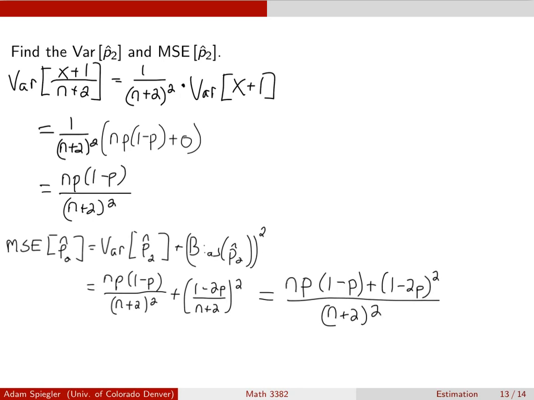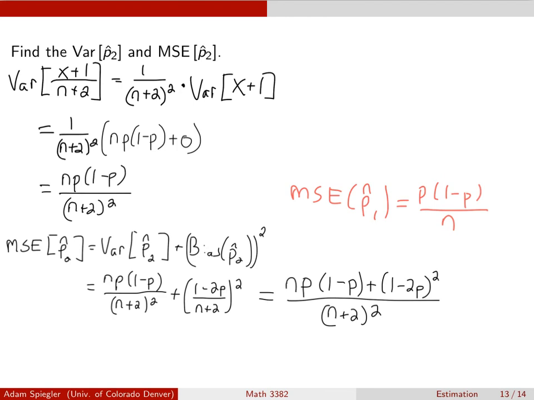And we want to compare that to the mean square error for the first estimator, which was the sample proportion p hat. So we called this p hat 1. So that's probably the more obvious estimate that you would use. And in that case, the bias of that estimator was 0. So the mean square error of that would equal the variance of that estimator, which is p times 1 minus p over n. So we've got these two variances, these two mean square errors.